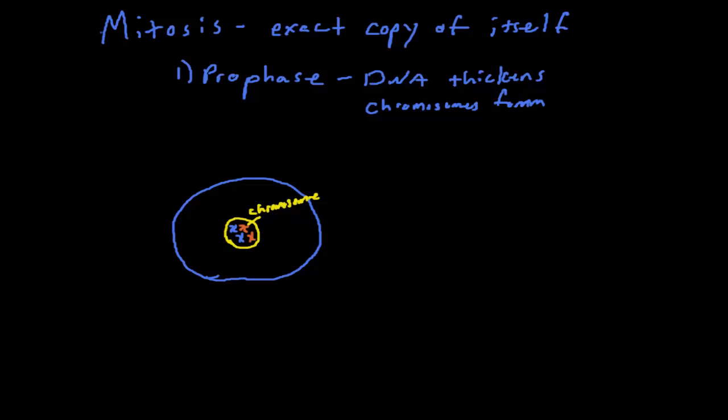Then something else happens. You remember this right here? What's this around the nucleus? It's the nuclear membrane, or the nuclear envelope. It disappears. It dissolves away. So now all of these happy little chromosomes are just floating in the middle of the cell.